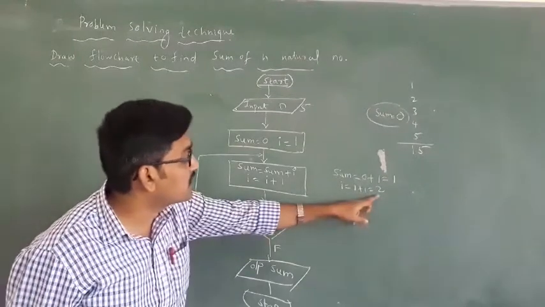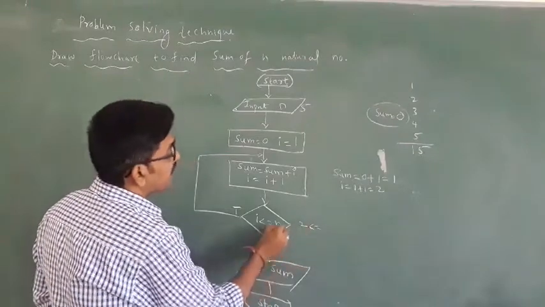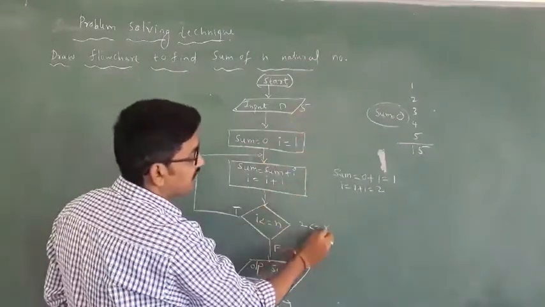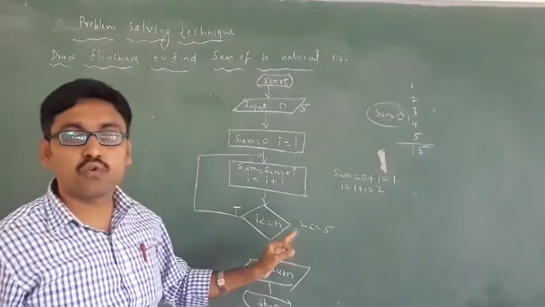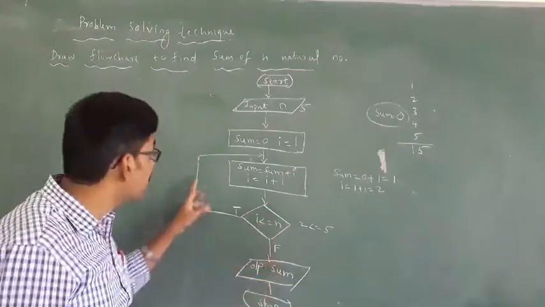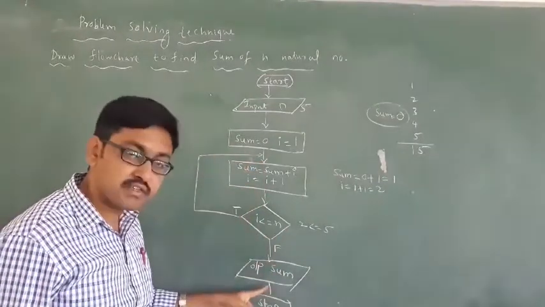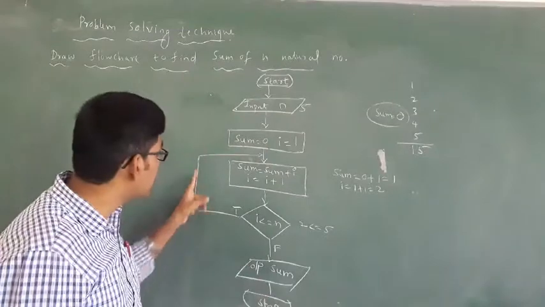Now I is 2. Is 2 less than or equal to n, which is 5? True or false? Yes, true. True means it comes back inside; false means it comes out.